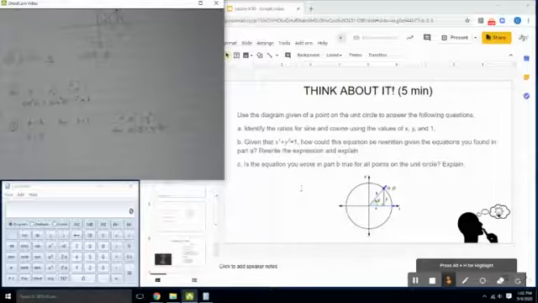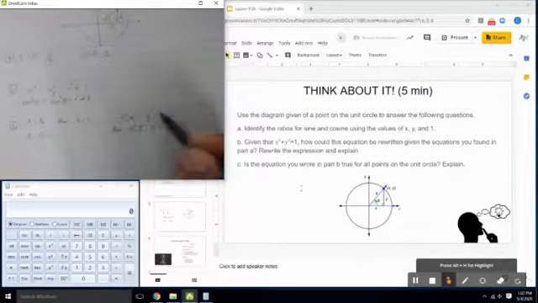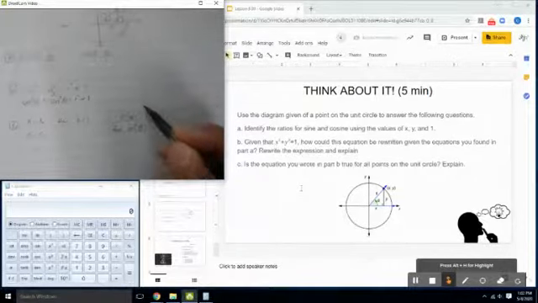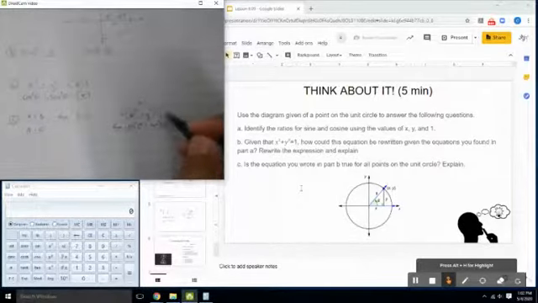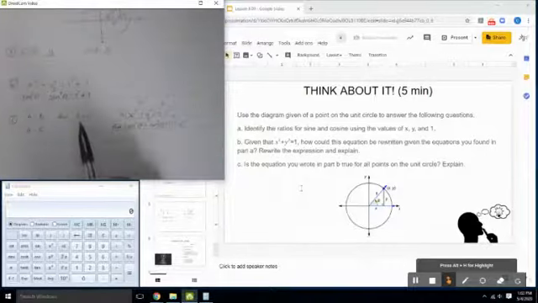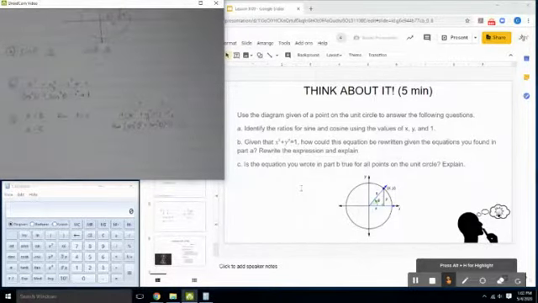In the equation, this part would be B, and this part would be C, and the 1 would be A, to make this statement true.